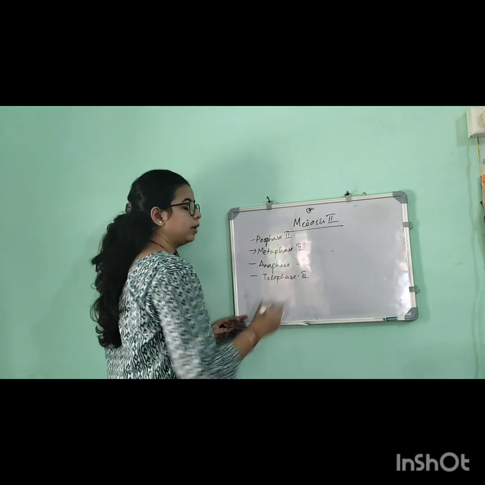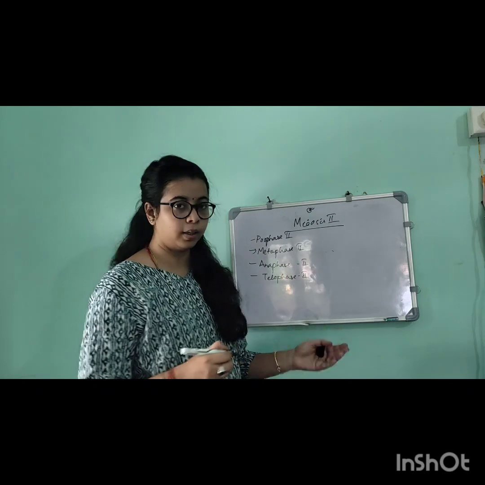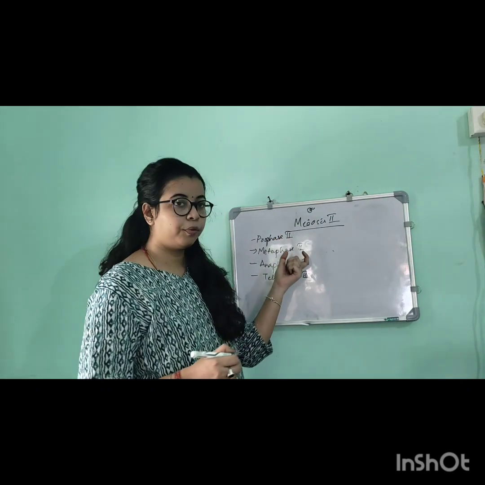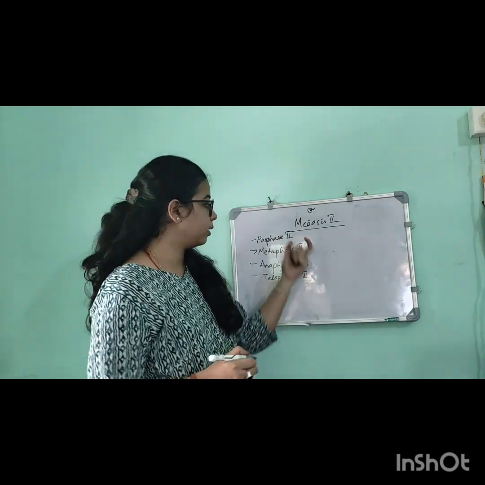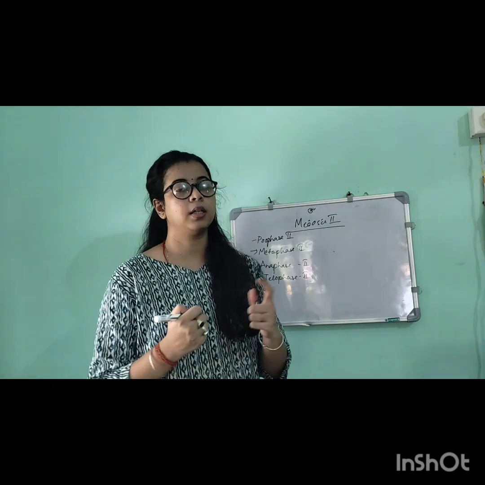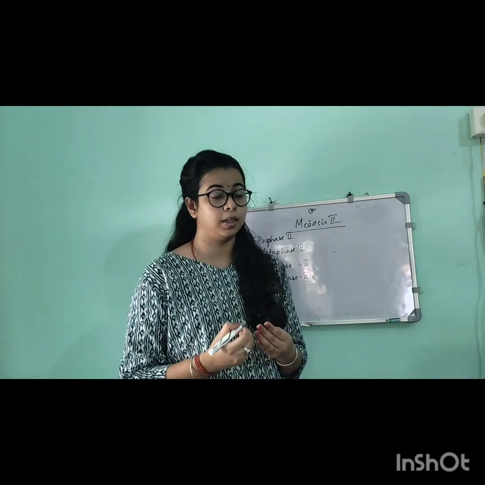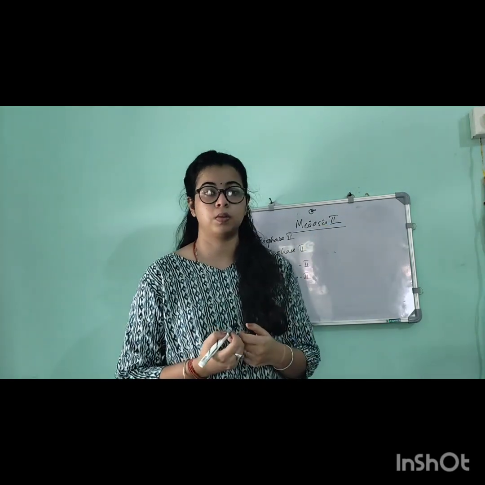If you remember, in the previous video I told you that when you are mentioning meiosis 1, write prophase 1, telophase 1 like that. In meiosis 2 we are mentioning this. Why? Because the events occurring in meiosis 1 and meiosis 2 may be somewhat similar, but certain differences are also there.